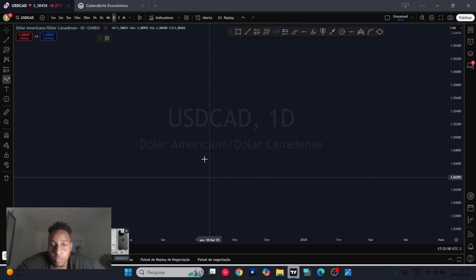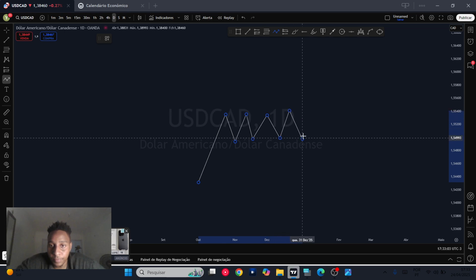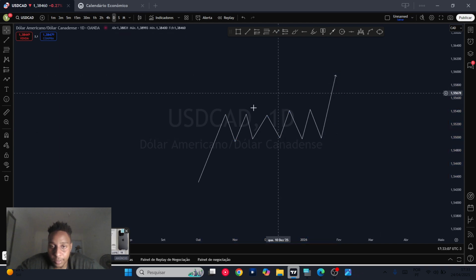So let's go. Price is coming from a buy range. So price starts to accumulate a lot, and then price breaks to the upside.